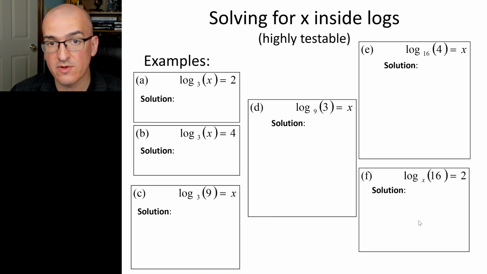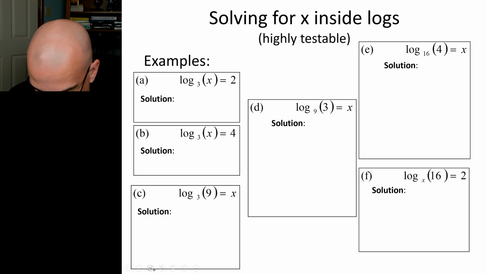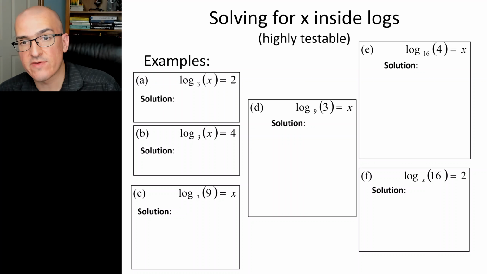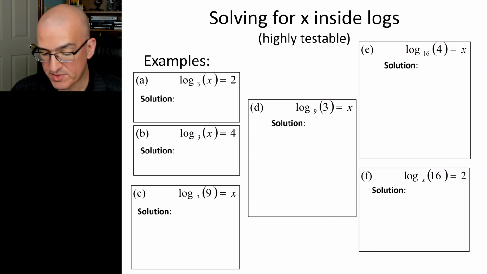on this slide. I'll show you what I mean. So in this first problem, problem A, we have log base 3 of x is equal to 2. And what I'm going to do is exponentiate both sides.